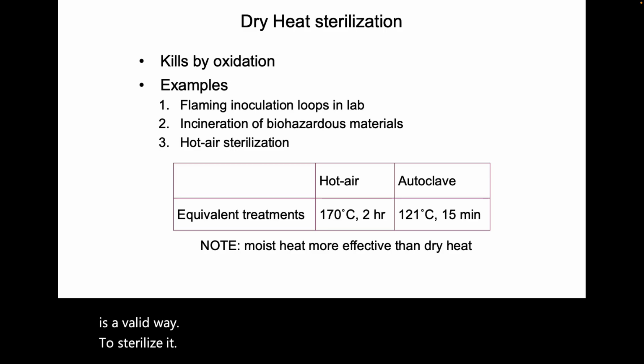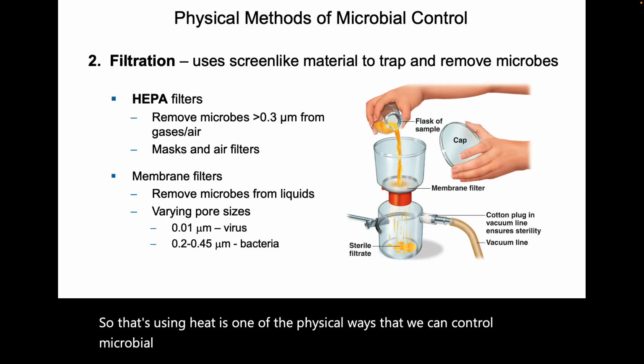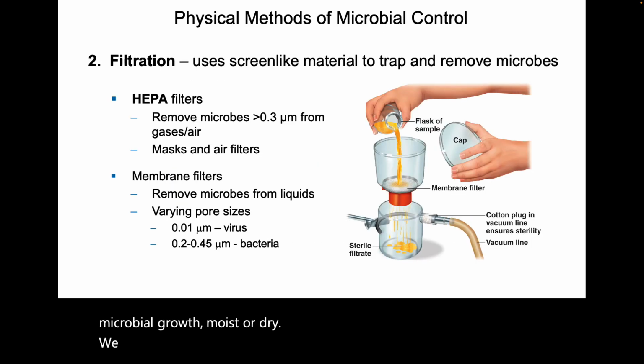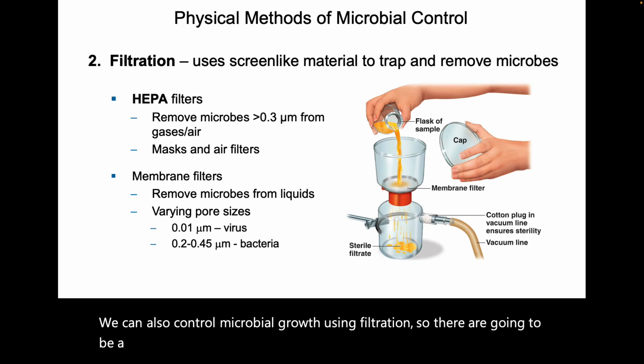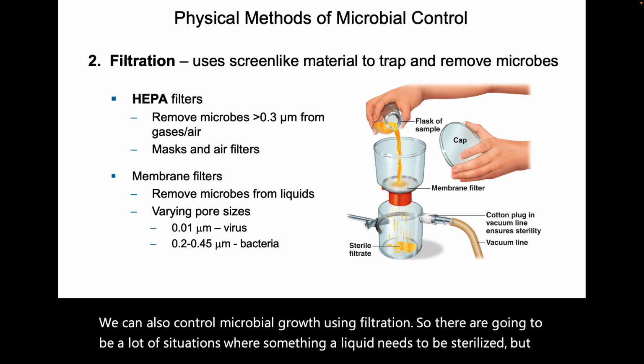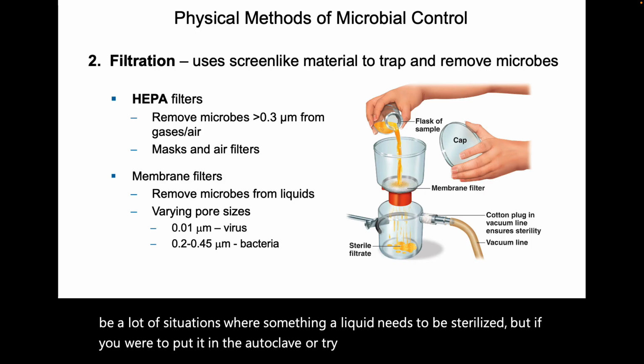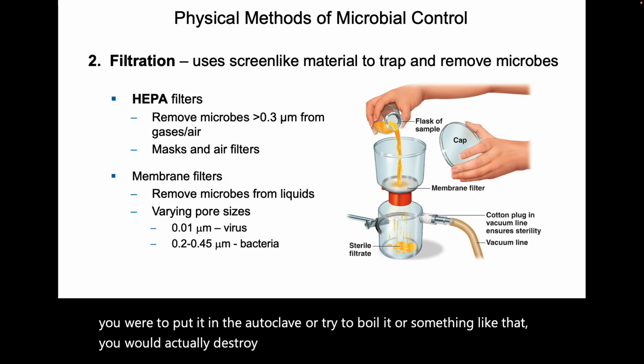So that's using heat, one of the physical ways that we can control microbial growth, moist or dry. We can also control microbial growth using filtration. So there are going to be a lot of situations where something, a liquid, needs to be sterilized, but if you were to put it in the autoclave or try to boil it or something like that, you would actually destroy the components themselves.